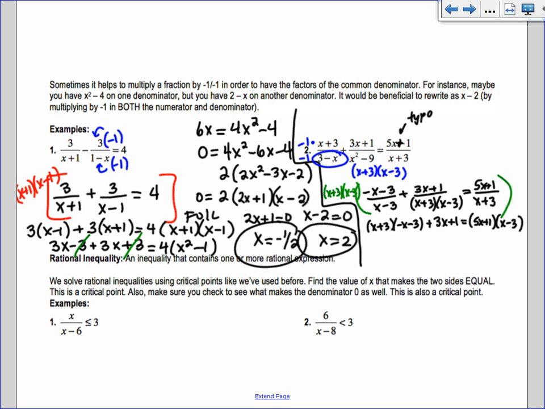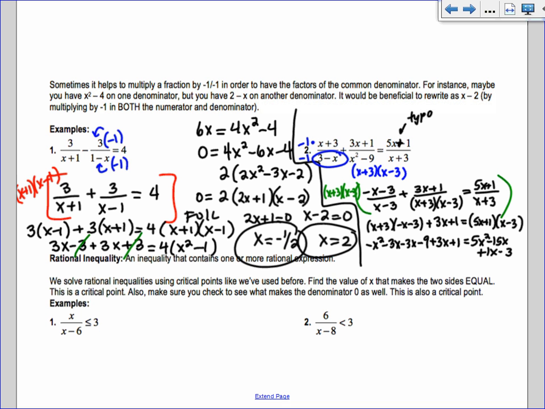Okay. So I'm going to have negative x squared minus 3x minus 9 plus 3x plus 1 equals 5x squared minus 15x plus 1x minus 3.